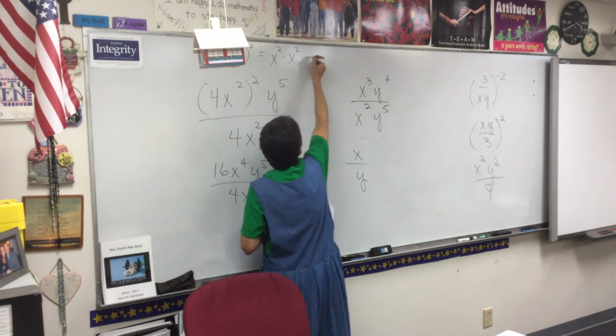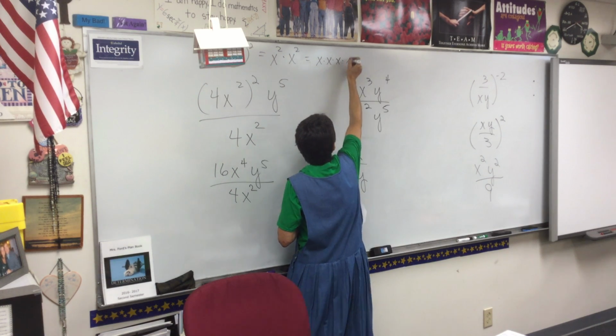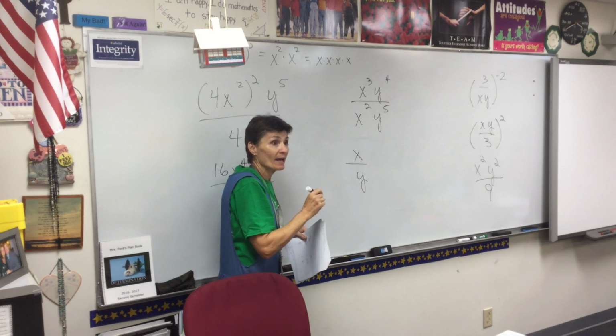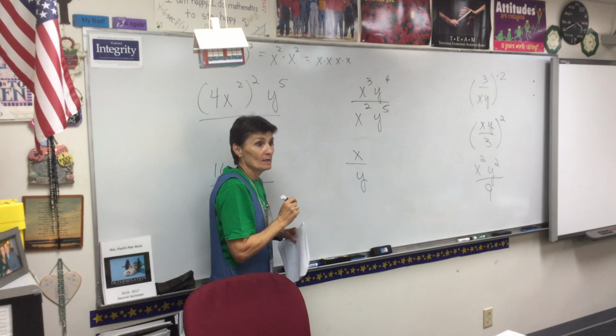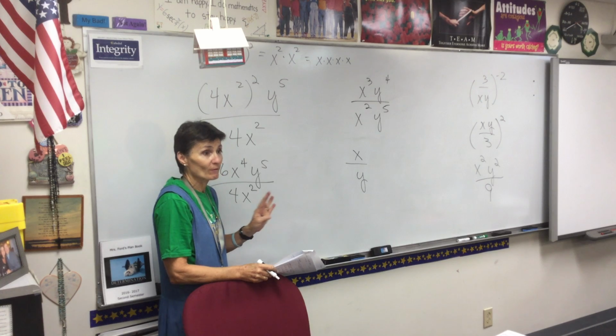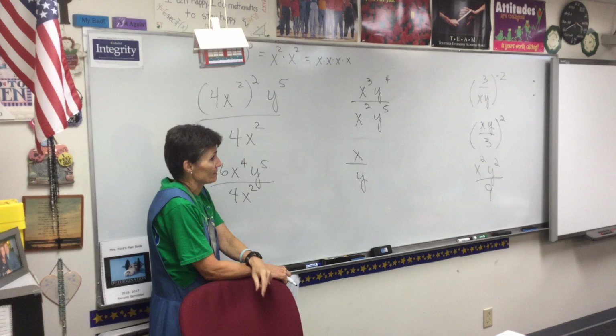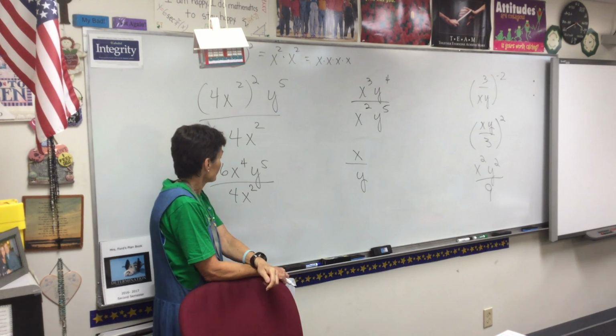And that's x times x, and that's x times x. So what have I got? X to the 4th. I know we have rules. You've memorized the rules for years. If you ever get confused, you can just write it out and you can see exactly what's going on then.